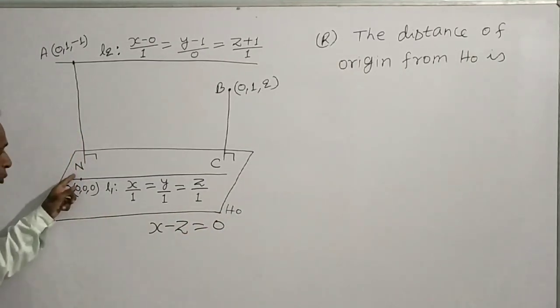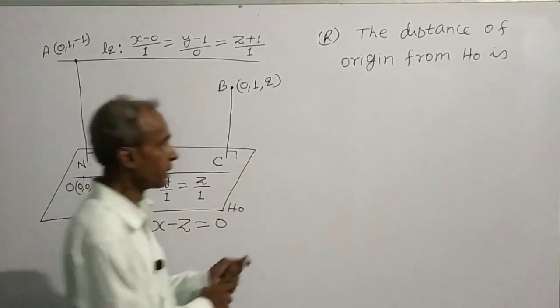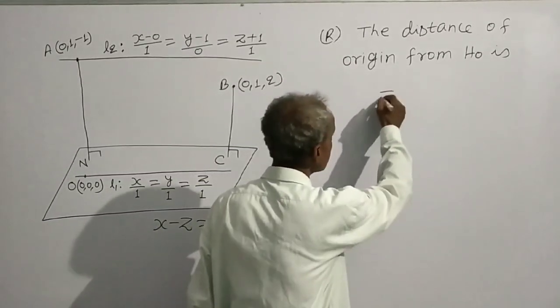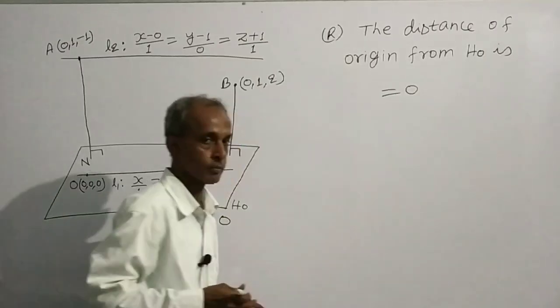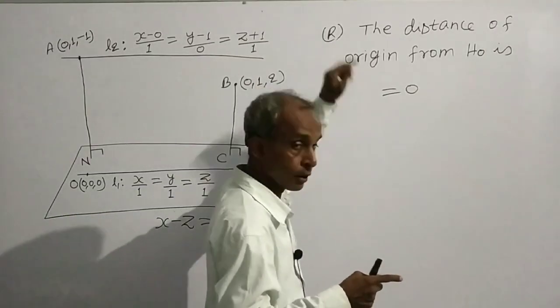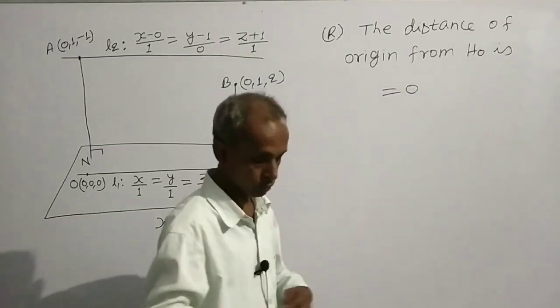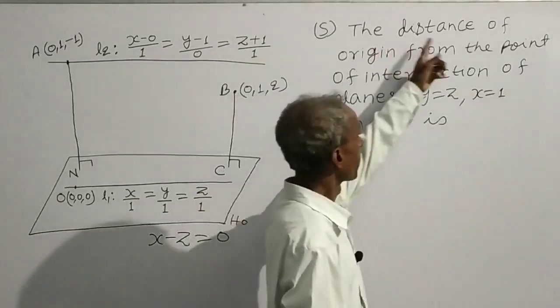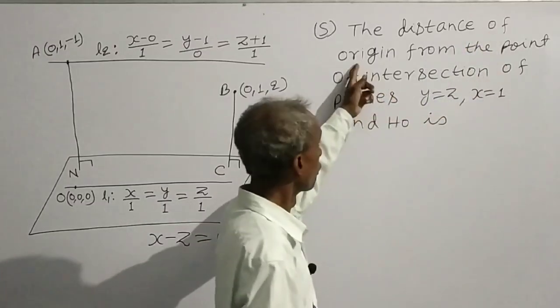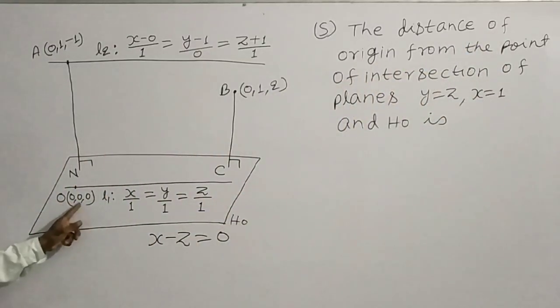Therefore, the distance of origin from this plane H0 will be equal to 0. Therefore, match R with 0 from list 2. The distance of origin means this point 0, 0, 0.